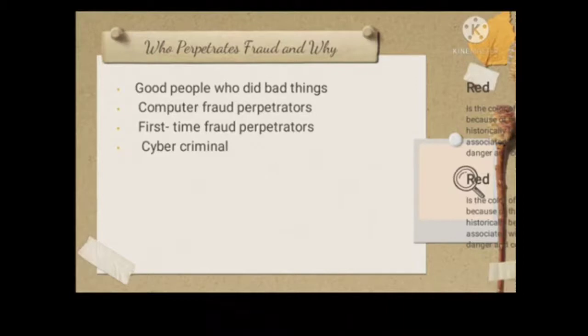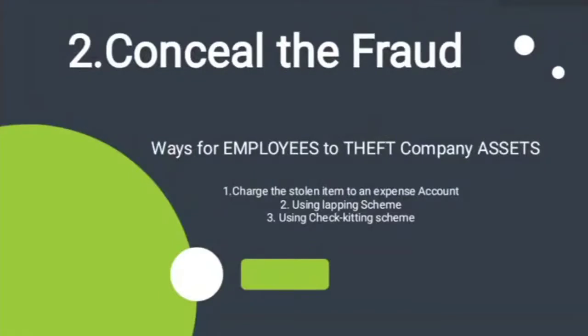They take advantage of the lack of coordination between international law enforcement organizations. Most of the frauds that happen are committed by cyber criminals. Number 2, conceal the fraud. Conceal means to keep from sight or hide.